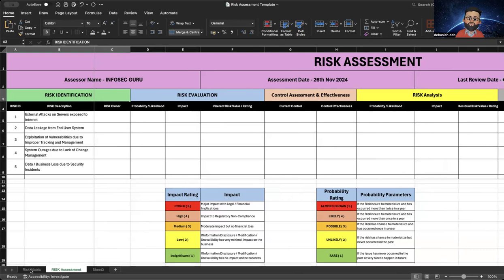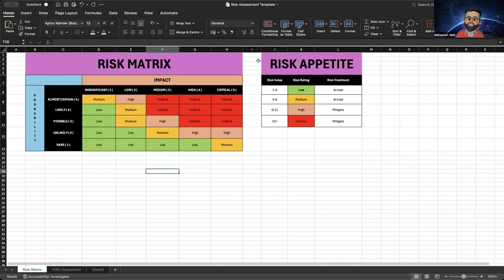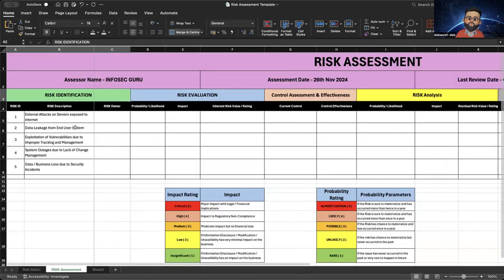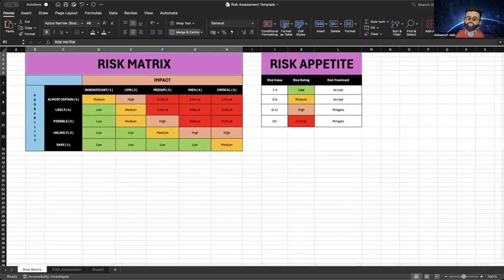So let's first understand what the risk appetite is and what the risk matrix is, so that you will be able to understand how risk assessment is being done. The risk appetite is defined by the organization goals and by the senior management. So this is not a job of the risk manager.